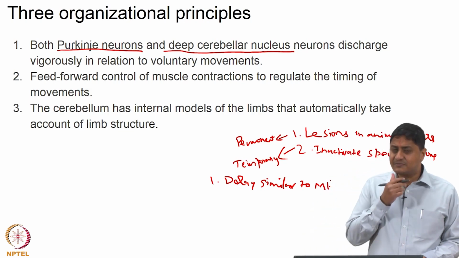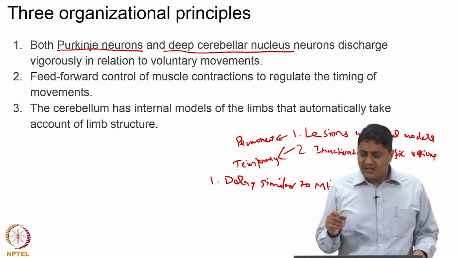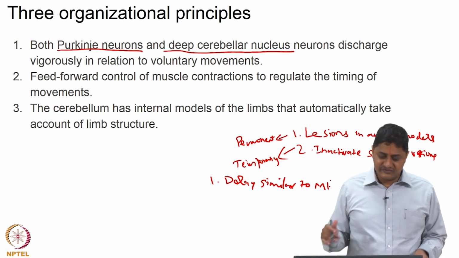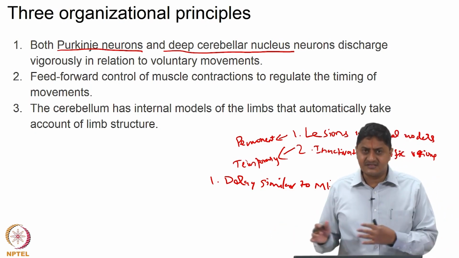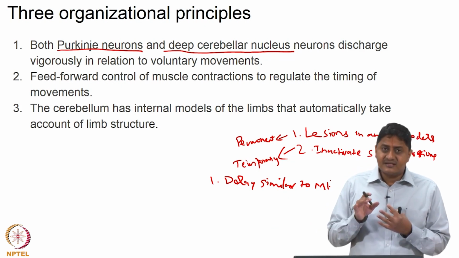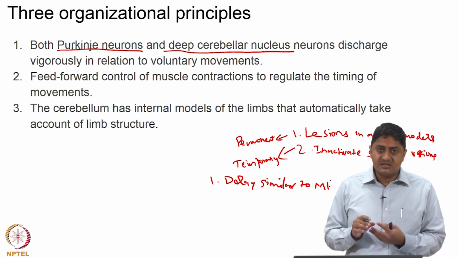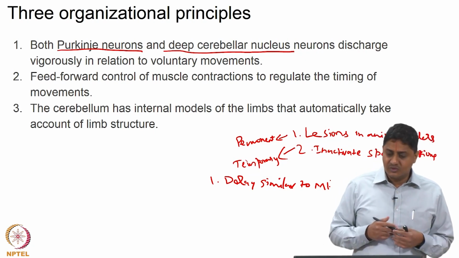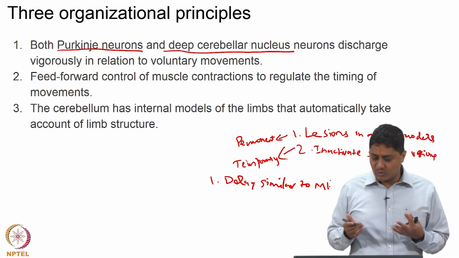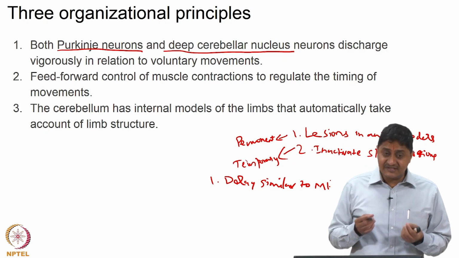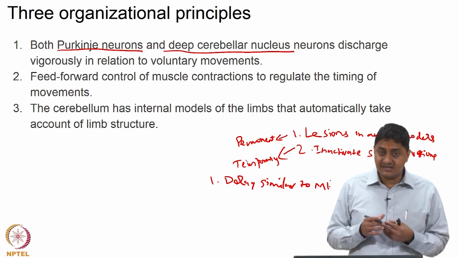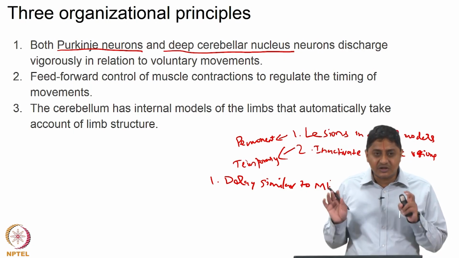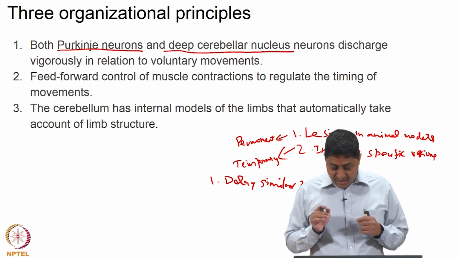So this is surprising because we said cerebellum does not directly project to spinal motor neurons. We have said this earlier, we will continue saying this. This is a crucial principle. Cerebellum projects to other motor areas which further project to spinal motor neurons and control movements. In that sense, even in the previous class we said that the cerebellum only modulates movements and does not control movements per se.